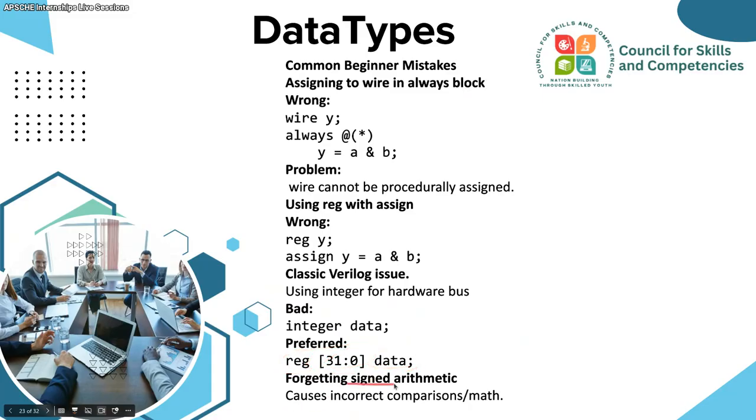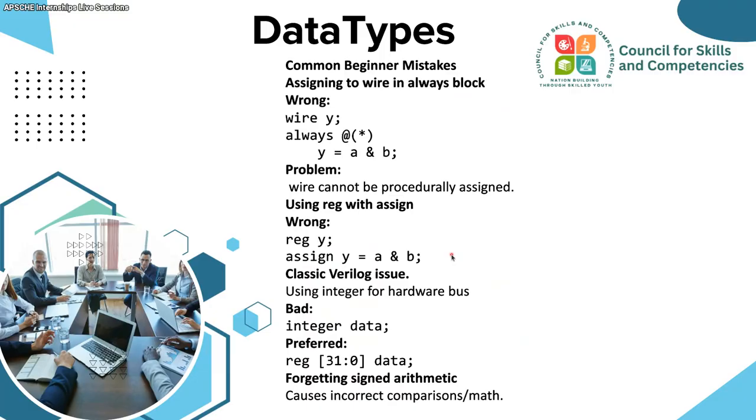Next, we will be forgetting signed arithmetic, so it will cause incorrect comparison and max. So these are some pitfalls a newcomer faces when writing code, and that is one thing we want to take care of.